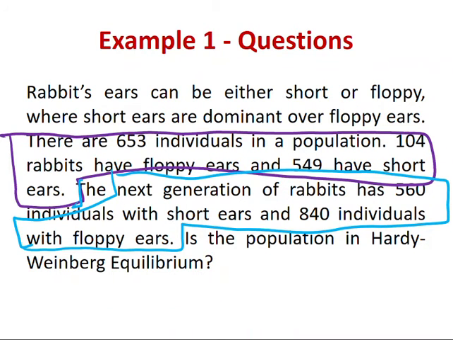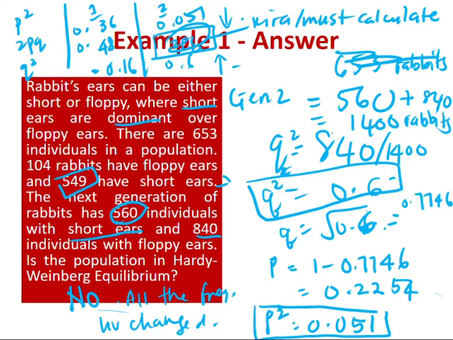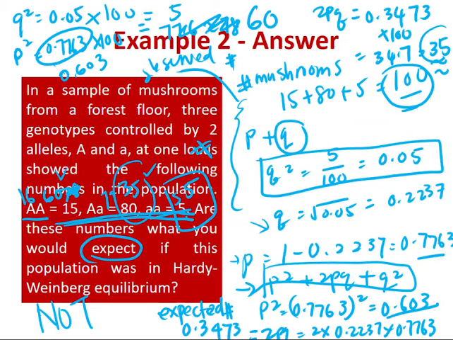This refers to the first question, where you are given the information of both generation 1 and 2, and you have to compare them. For the second one, you have to actually calculate the expected and compare it with the observed. Observed means the ones given by the question. Right, so that's all about determining the equilibrium of a population.